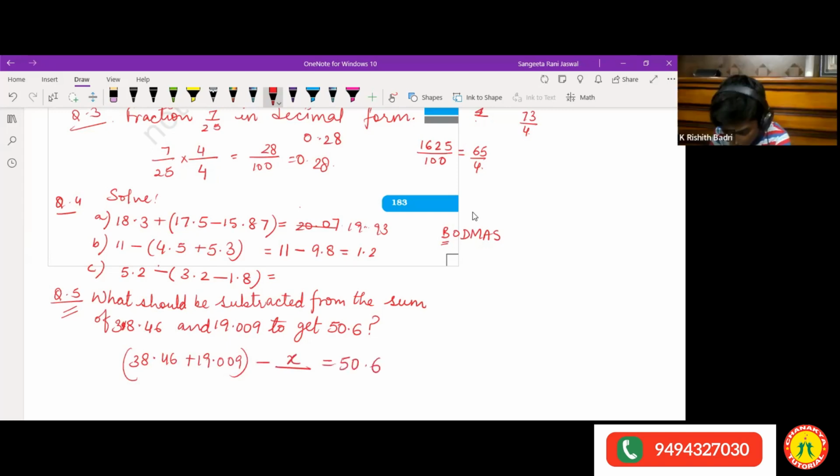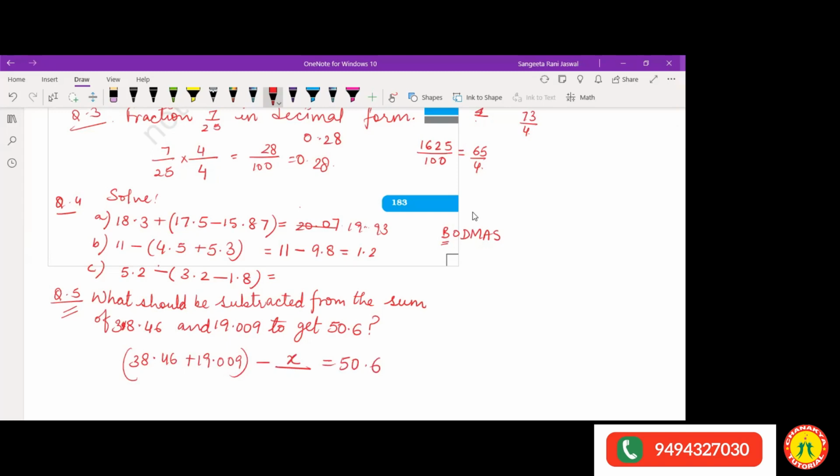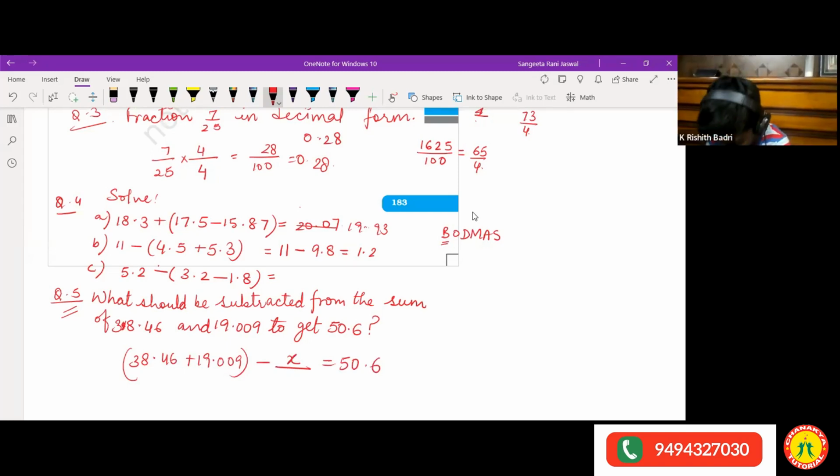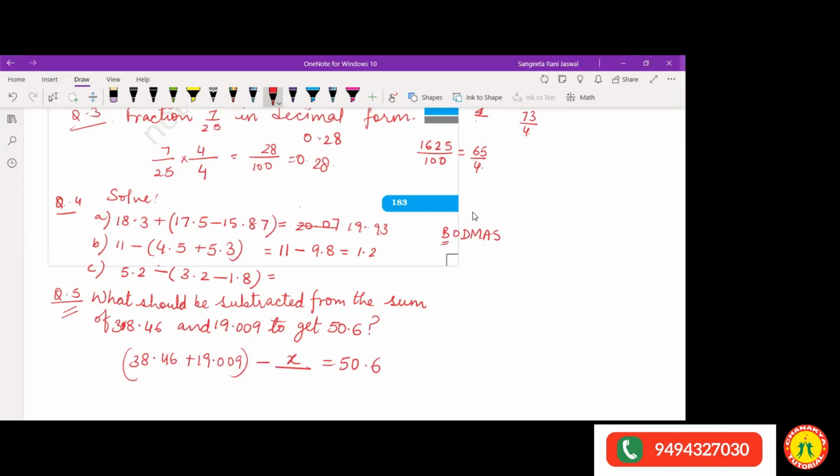So whatever you have inside the bracket, minus 50.6, this x will go to this side. Then when you perform the bracket and subtract 50.6, you will get your x value.